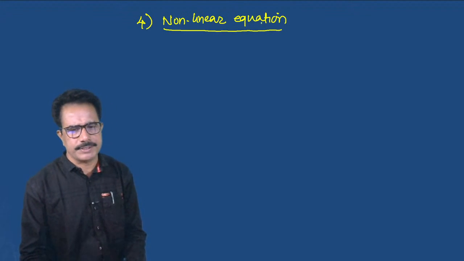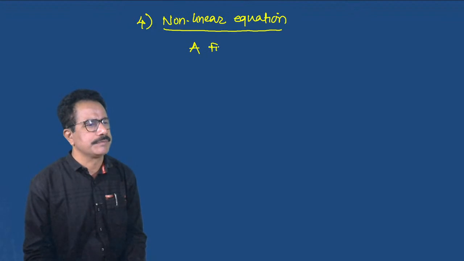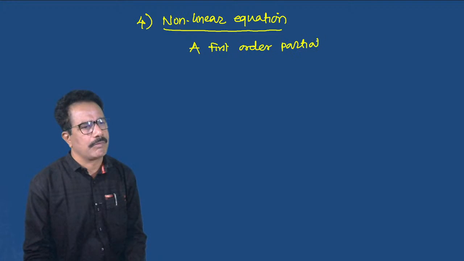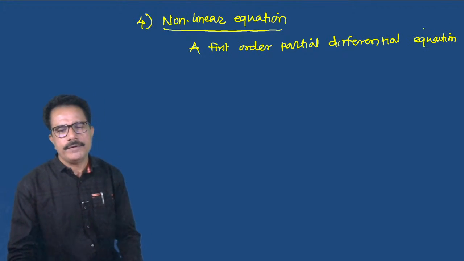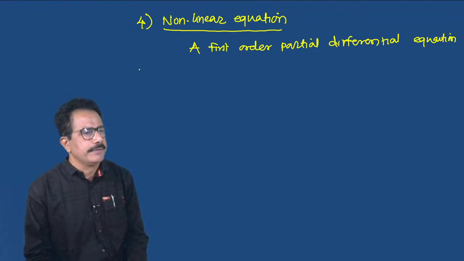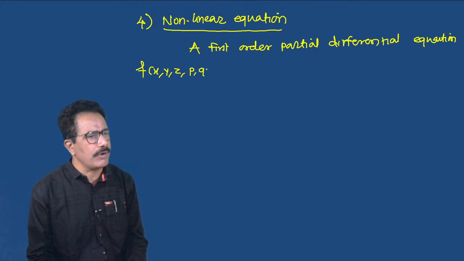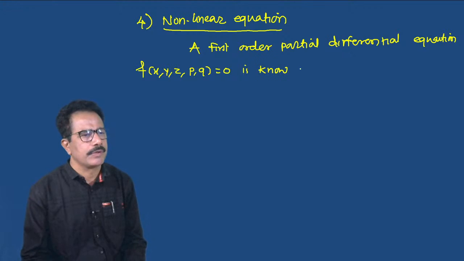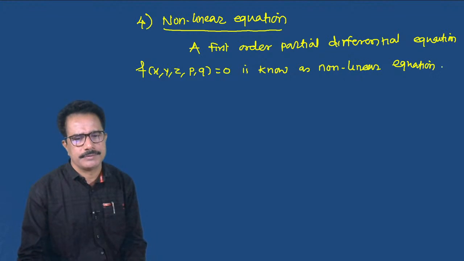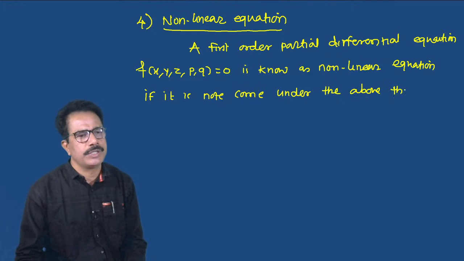The definition of the nonlinear equation: a first order partial differential equation denoted by f of x comma y comma z comma p comma q equals 0 is known as a nonlinear equation if it does not come under the above three types.